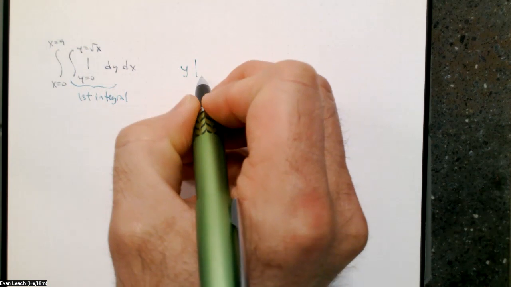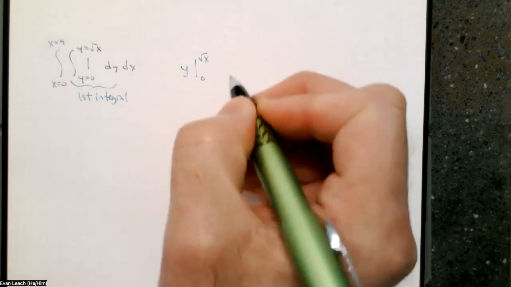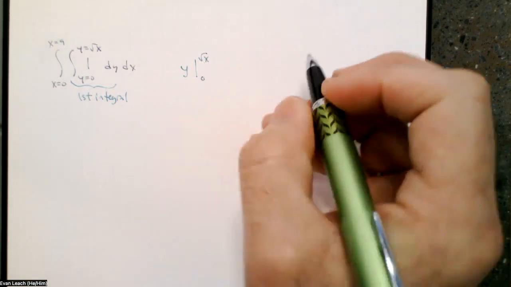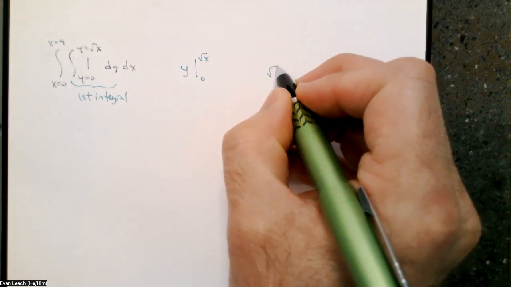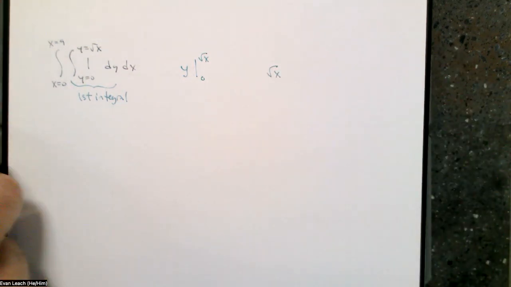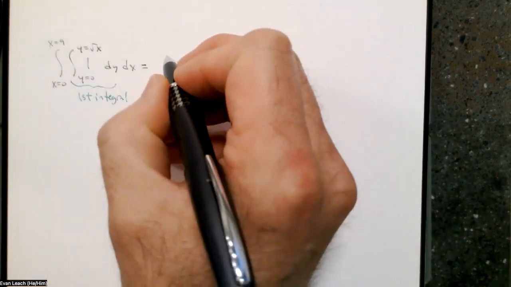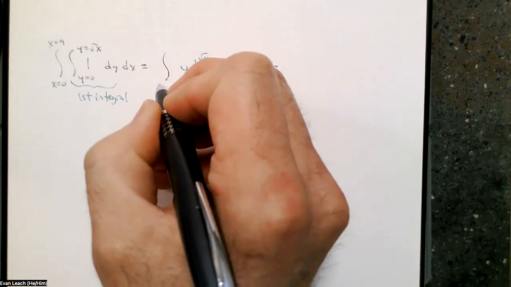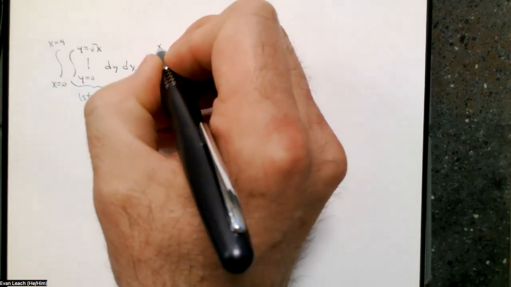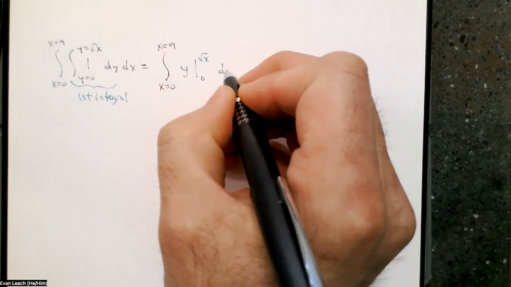And we'll evaluate from 0 to the square root of x. So we plug in the square root of x, we plug in 0, and we just get the square root of x. We still haven't integrated on the x, so we'll integrate from x equals 0 to x equals 9 dx.